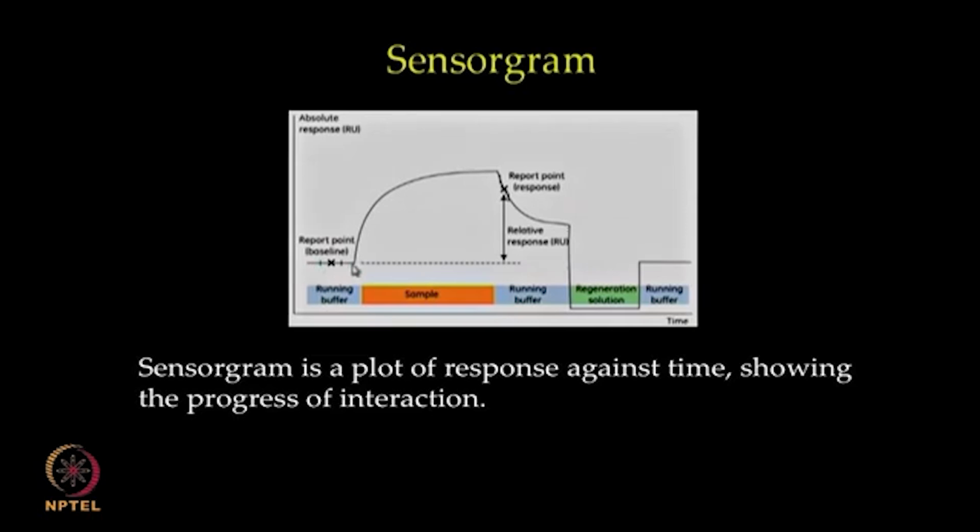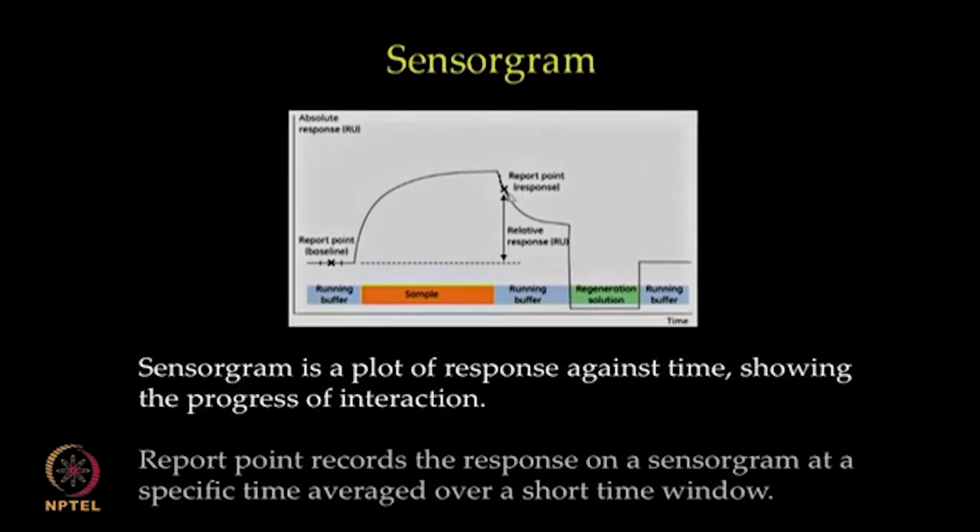We observe the baseline followed by the injection of analyte, which leads to an increase in the binding response during the association phase. Just after the stop of the sample injection, we observe the report point, which records the response on a sensorgram at a specific time averaged over a short time window. This is followed by the dissociation phase, regeneration, and then back to baseline.